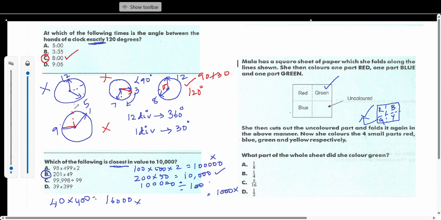The two have to be added. Now, in this whole thing, there are 4 equal parts, of which one part is green. So, clearly, from the bigger paper, the green is 1/4, a quarter. Now, from this small part again is 1, which means the smaller uncolored part itself was 1/4 of the whole.